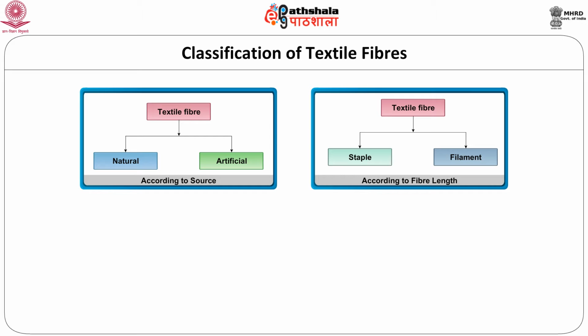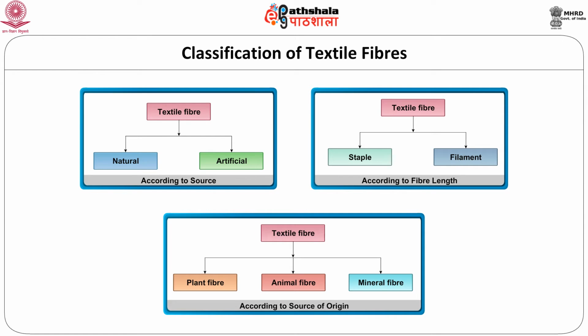Natural fibers are collected or extracted from fiber yielding plants, but artificial fibers are manufactured by regenerating natural cellulose, protein and synthesizing chemicals. Artificial fibers can be produced in large quantity with less cost compared to natural fibers.